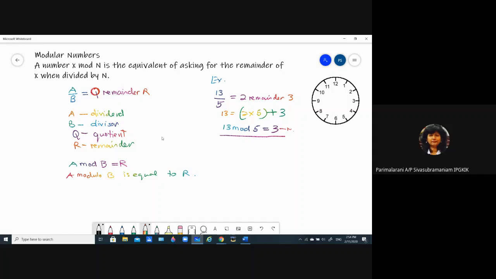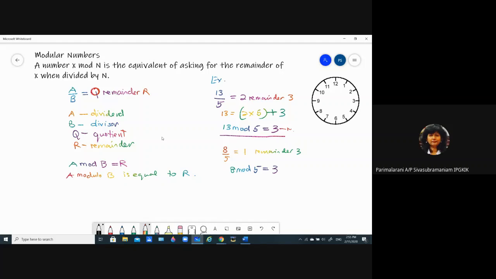If we have another example here, 8 divided by 5. What is 8 divided by 5? It is 1 remainder 3. So if we want to write this as a modular number, how do we write this? 8 mod 5 is equal to 3.